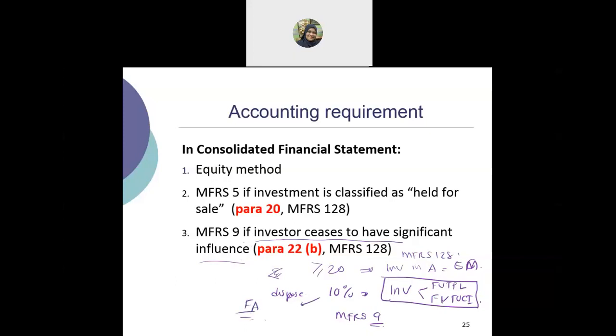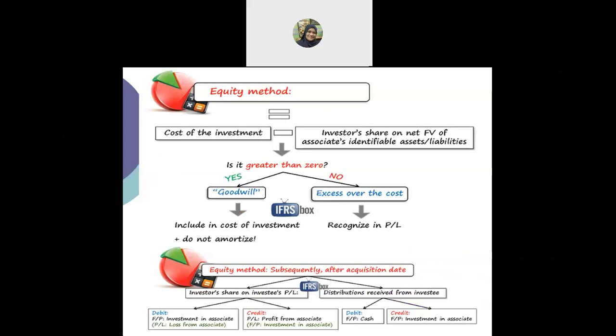Okay, so we're going to look at this one. For the equity method, the cost of investment here, we minus the investor's share of the net fair value of the associate's identifiable assets and liabilities. If the result is greater than 0, then we recognize goodwill.